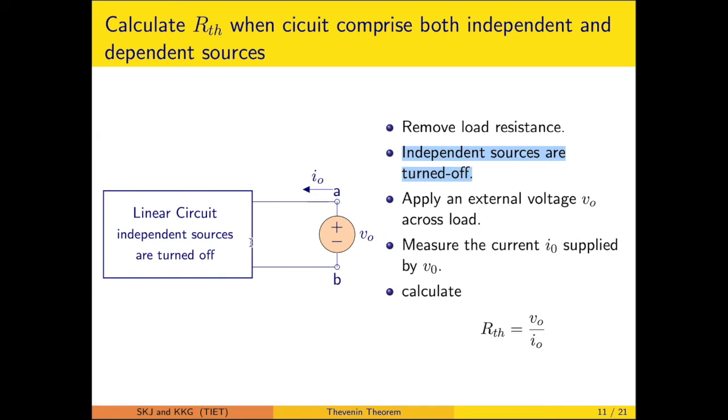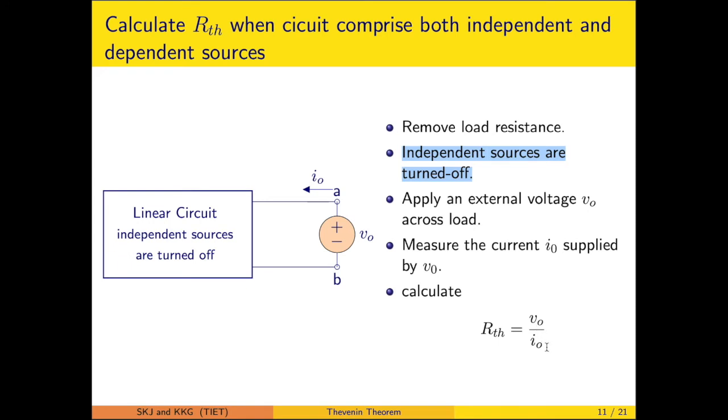Now when it has a dependent source, its effectiveness depends on the voltage or current associated with some other branch. So to account for that, we have to connect an external source. First, say you connect a voltage source and measure the current through it. Ultimately we calculate RTH equal to V0 upon I0.